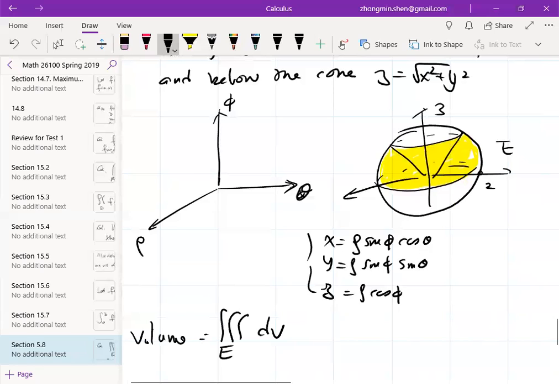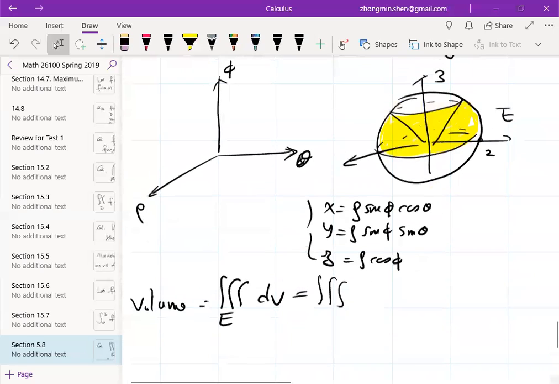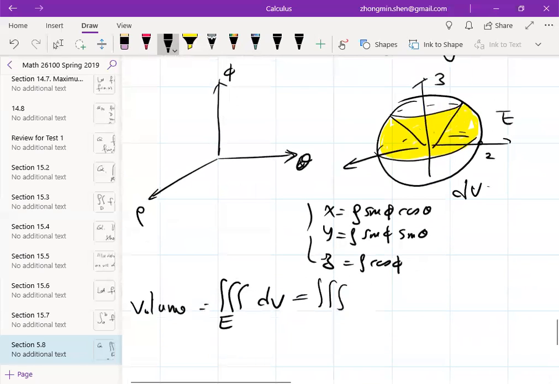I want to change it to, dV is roughly speaking dx dy dz. I want to find the region E bar, and the volume form will be d rho, d theta, d phi. I need to find that one, the pre-image of this region. Okay, how do I do that?